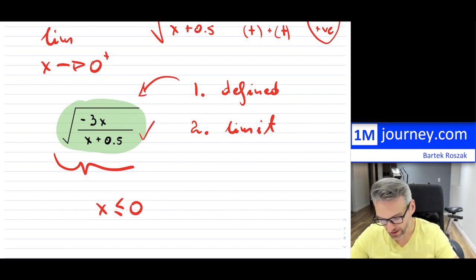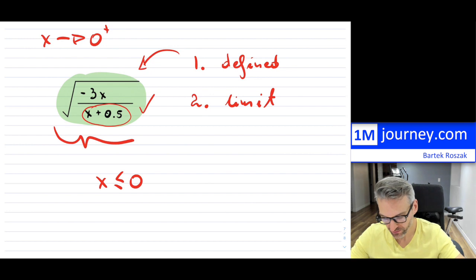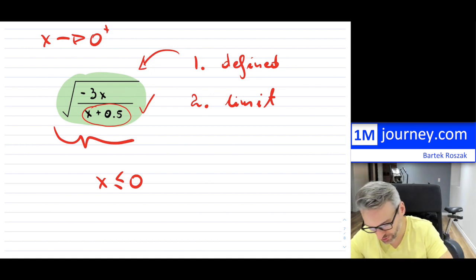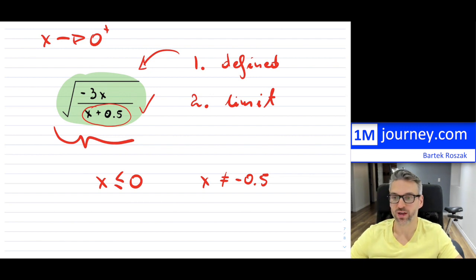So that's one. Now, the other problem that we have is, notice that in the denominator, x is definitely not going to be able to be negative 0.5. So x cannot be equal to negative 0.5, because if it is, then our denominator equals 0.